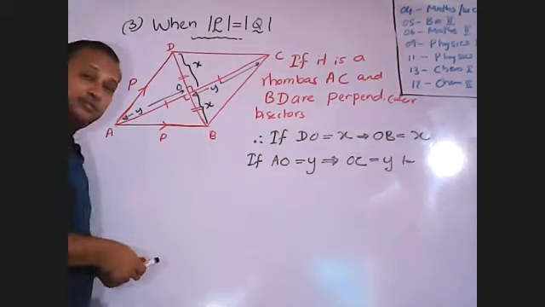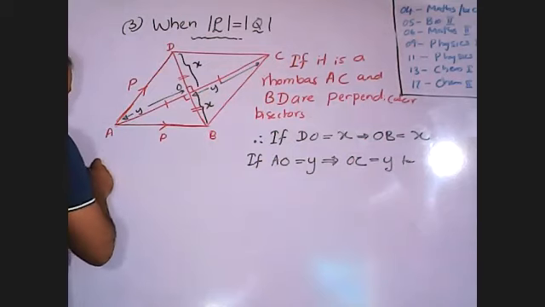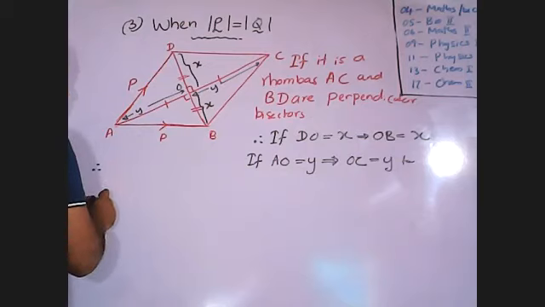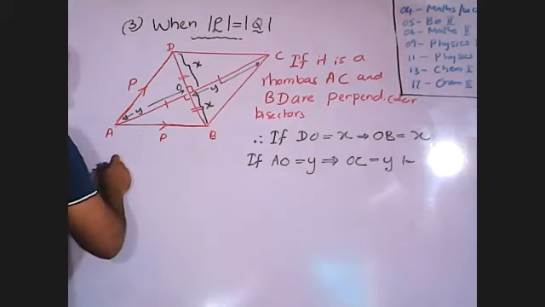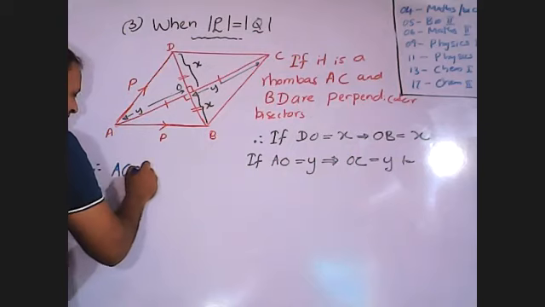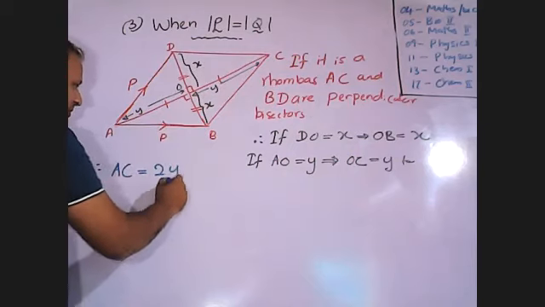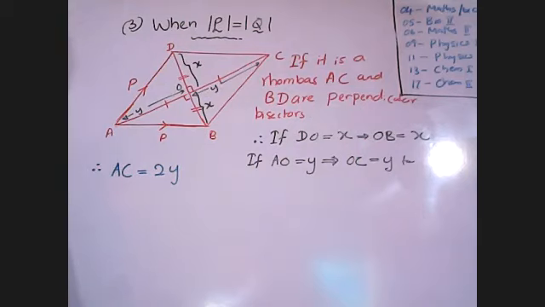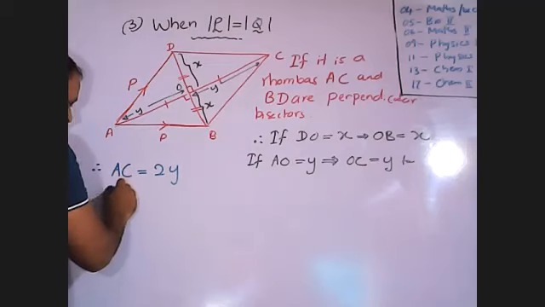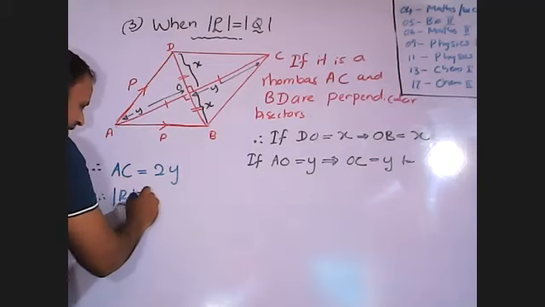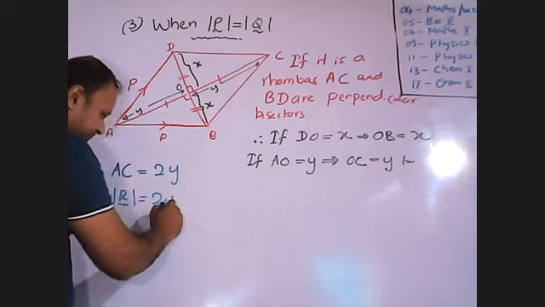That means I can clearly see, therefore, AC length is equal to 2Y. If AC length is 2Y, that means the magnitude of R is equal to 2Y.